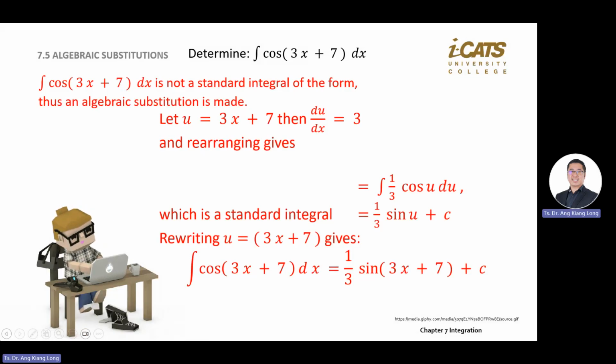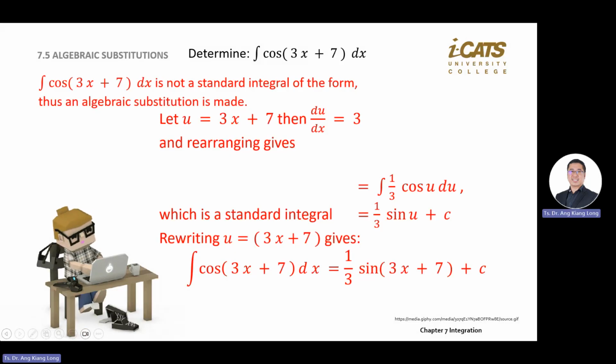Meaning your dx equal to 1 over 3 du. Okay, you put the dx in this location where you get 1 over 3 du. Make sense?